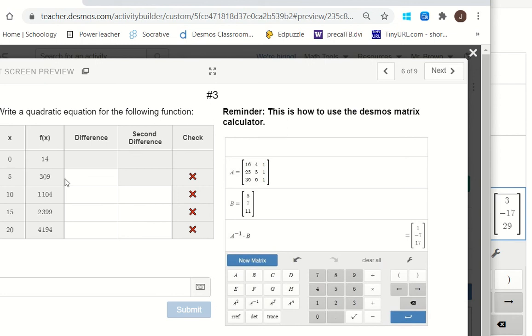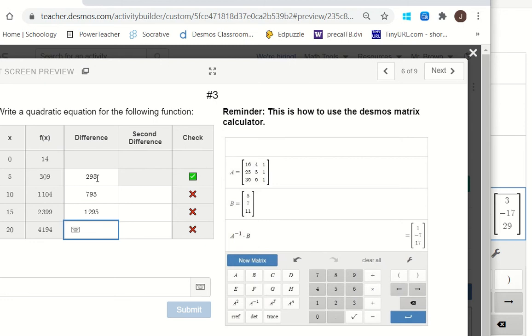Next one. Let's see. We go from 14 to 309. Oh, okay. That's just right out the gate. Let me get a calculator. 309 minus 14 equals 295. 1104 minus 309 is 795. 2399 minus 1104 is 1295.